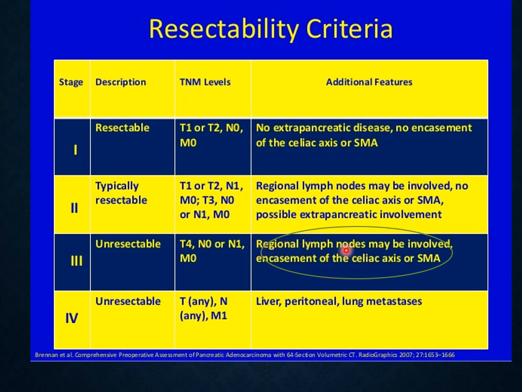Regional lymph nodes may be involved and there's encasement of the celiac axis or SMA. As a result, it is unresectable. So in all these cases, the special feature of pancreatic cancer, the encasement of the celiac axis or SMA, becomes a very important deciding factor on resectability of the tumor, besides distant metastasis.